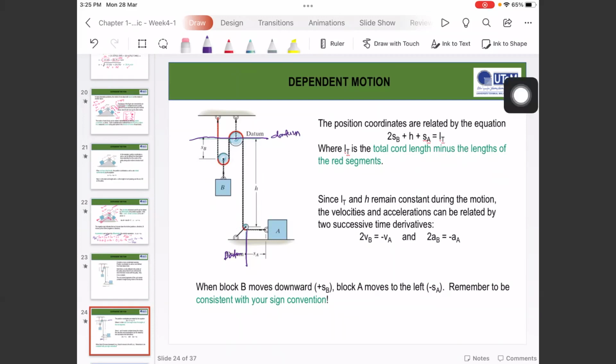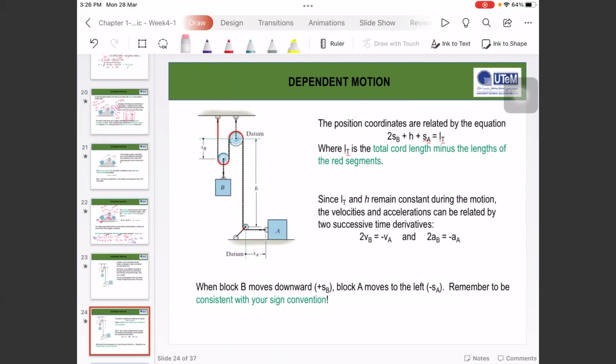Okay, nanti saya tunjuk. So kita assume yang ini tak berubah. Yang ini tak panjang, yang ini also is not constant. This one constant. Yang ini pun sepatutnya constant juga. Okay, tapi kita boleh, we can put. Okay, so total length of the rope.